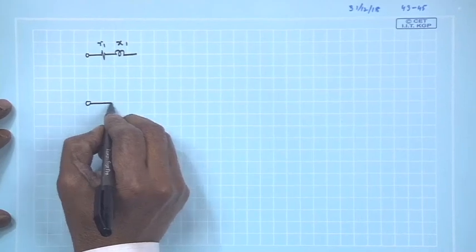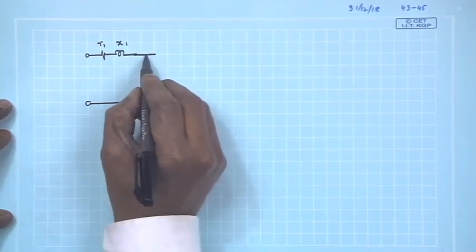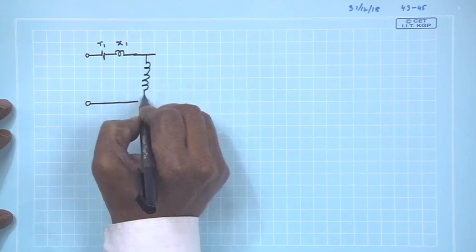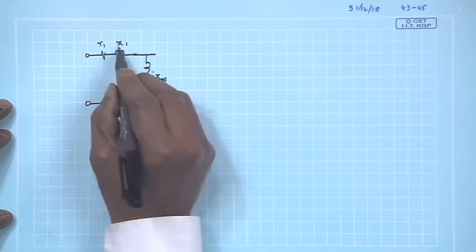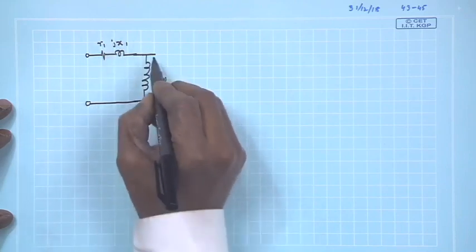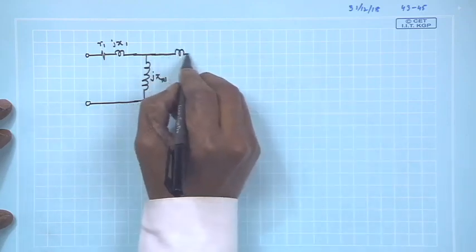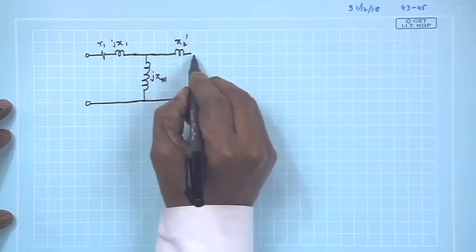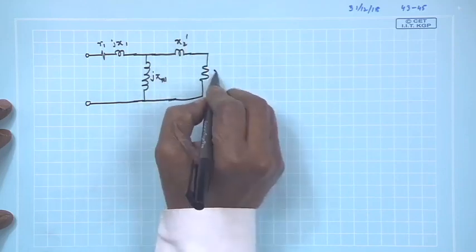It is similar to that of a transformer, and then you have this magnetizing branch, which is jXM. All reactances are j, and on this side the reflected rotor parameters came out to be X2 dashed and R2 dashed by S.